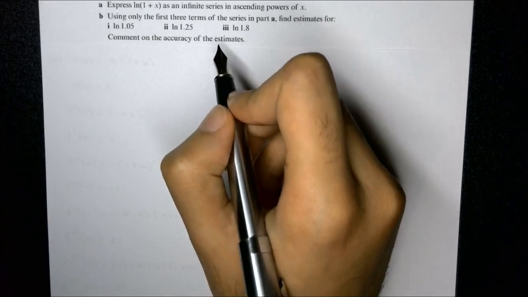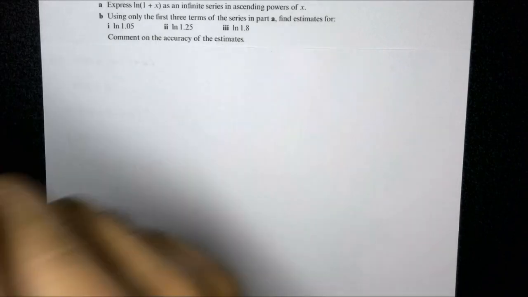Now, the further away a value is from x equals 0, the less accurate the approximation will be, and the more terms of the series you need to take to maintain a required degree of accuracy. And that's because the Maclaurin series estimates around x equals 0.